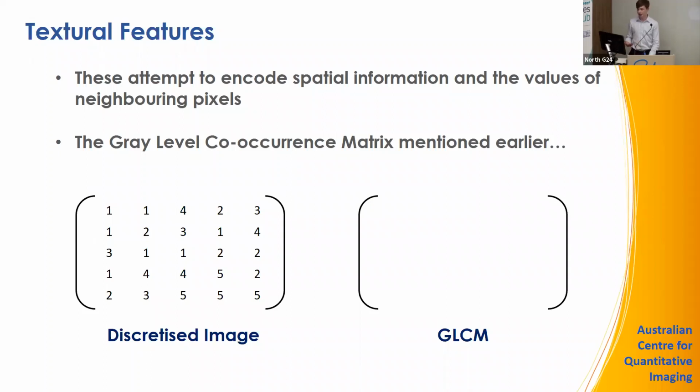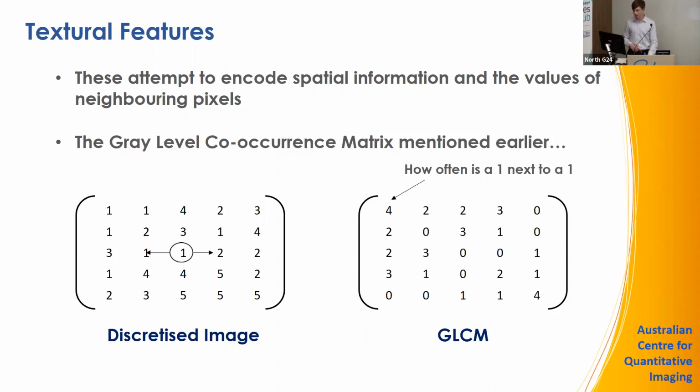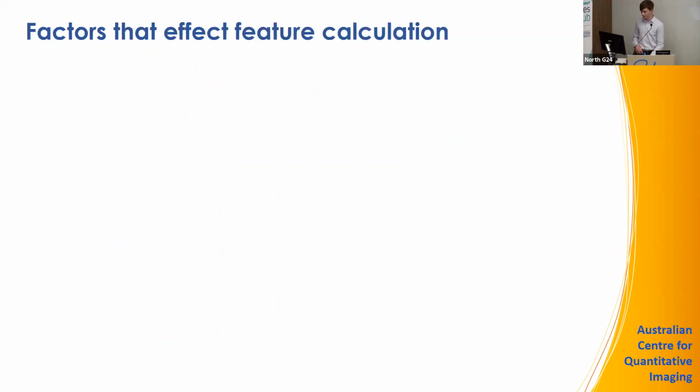For the gray level co-occurrence matrix, looking at the first row and first column, we're basically just saying how often is a 1 next to a 1. Not too complicated, and then we go through our image like this. This is just looking at the immediate neighbors left and right. That occurs 4 times, and we just put a 4 there. We can do the same thing for how often is a 1 next to a 2 or a 1 next to a 3, and we populate the matrix as so. And so we calculate those features from that.